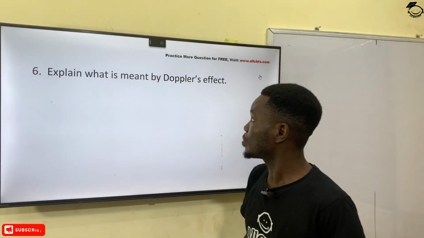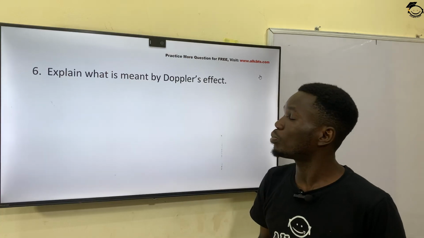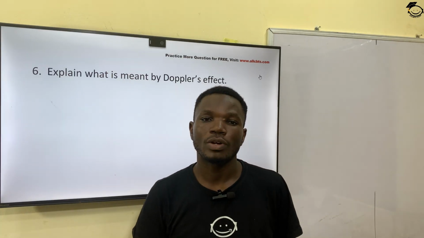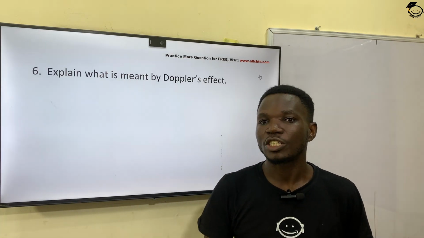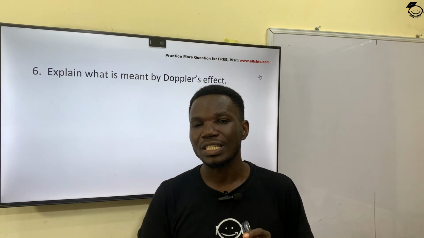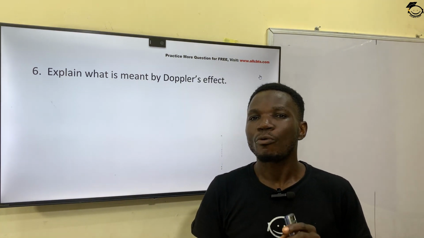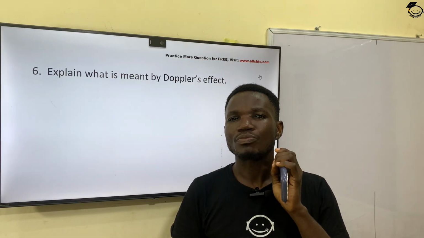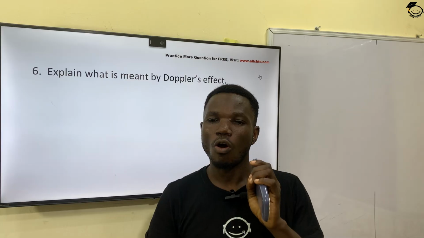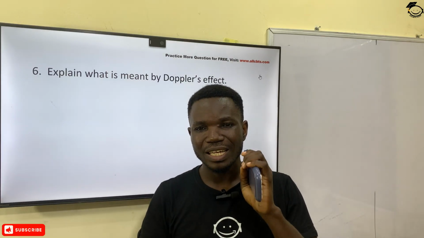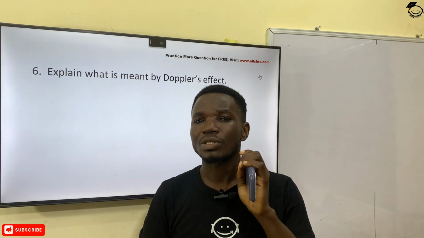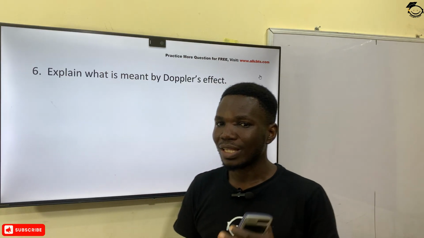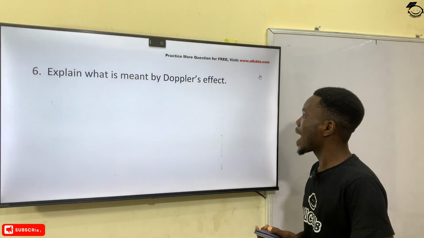Question number 6. Explain what is meant by Doppler effect. Now, your Doppler effect is simply the apparent change in the frequency of a wave observed when there is relative motion between the observer and the source of the wave. So when there is a relative motion between the observer and the source of the wave, then what you have is Doppler effect.